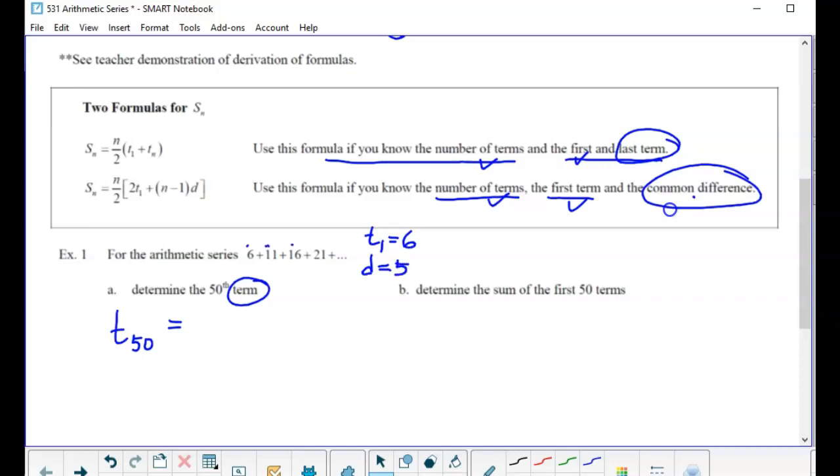So now our 50th term is 6 plus 50 minus 1 times the common difference. Okay, so that's 6 plus 49 times 5. So what's that? 245 plus 6 is 251.